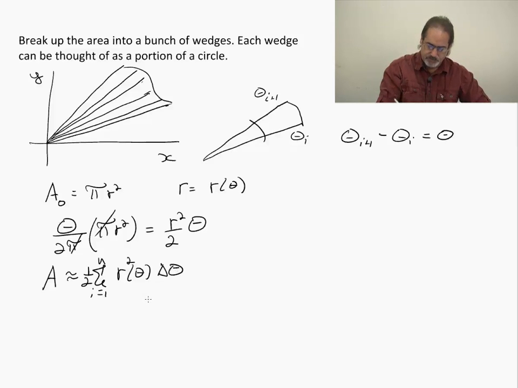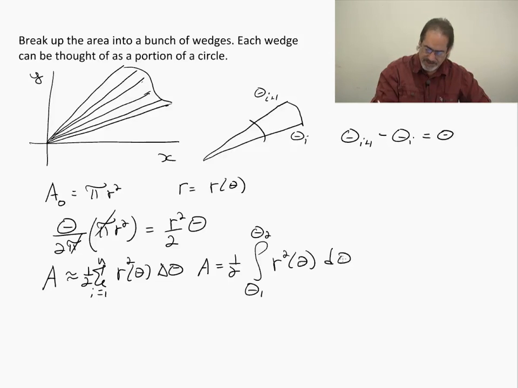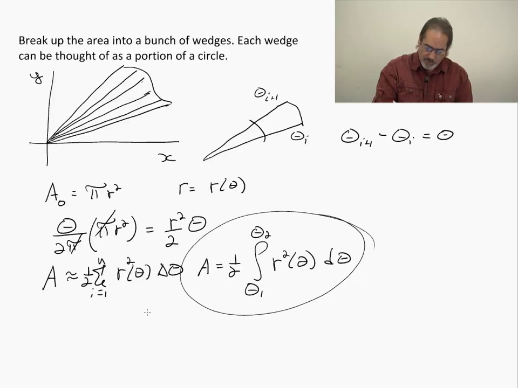delta theta, which brings me to the idea that the area will actually be equal to 1/2 times the integral from theta 1 to theta 2 of r squared of theta d theta. Obviously, I took the limit here.